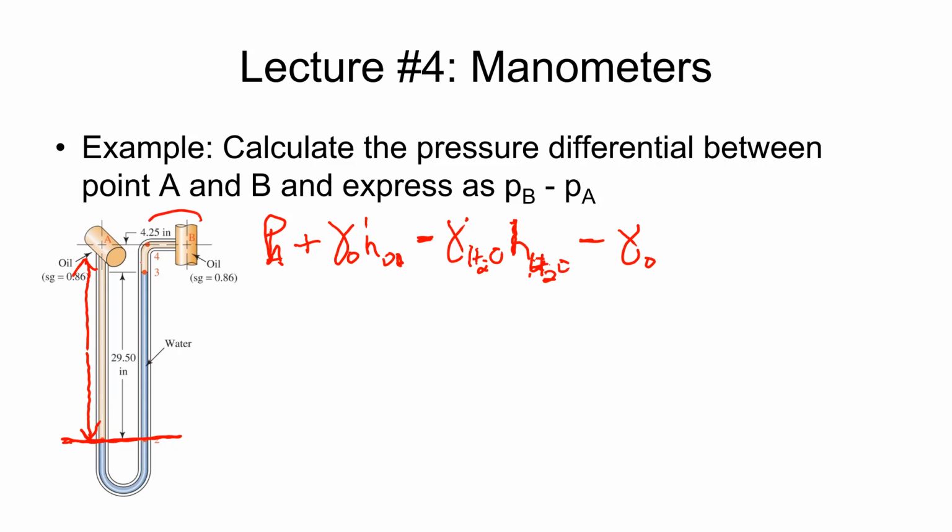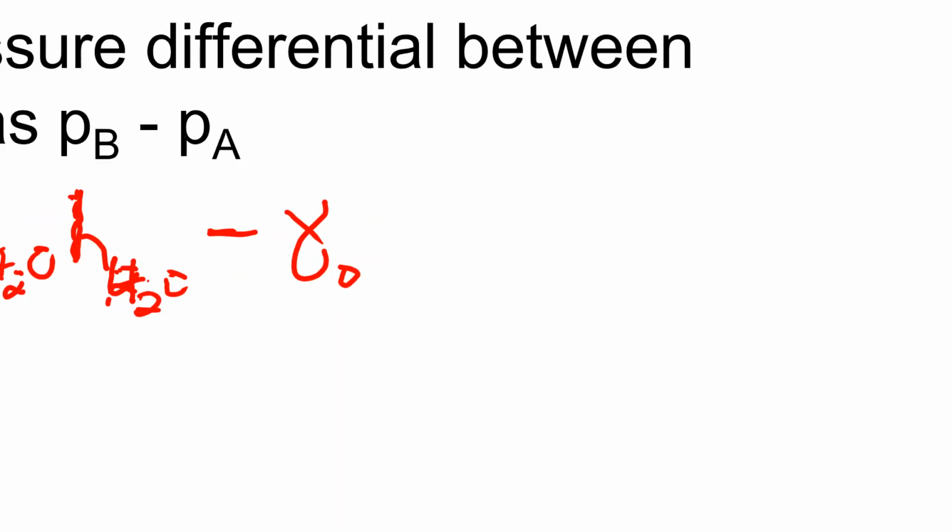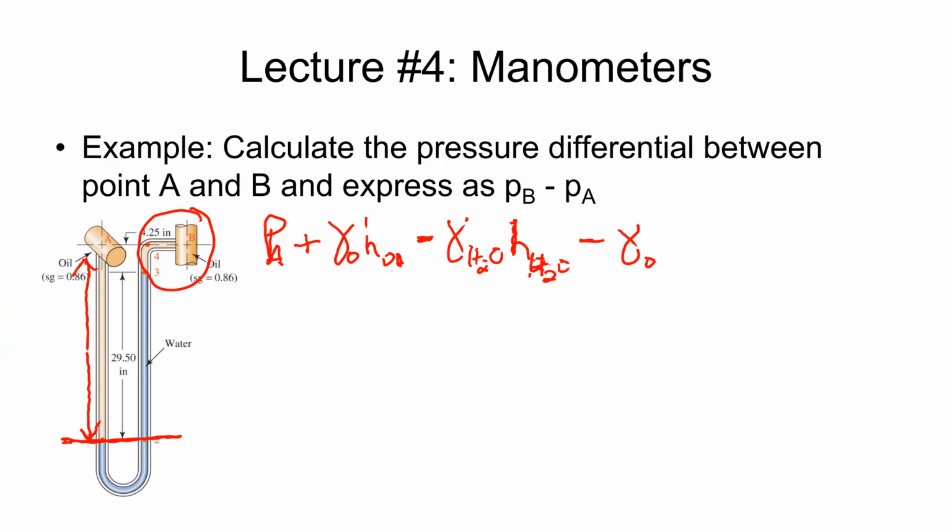Again, I've got some oil up here in the second leg that I want to account for. So I'm going to say minus gamma oil times the height of the oil in the second leg. So I'm calling it HO2. And then that all is going to be equal to my pressure at B.